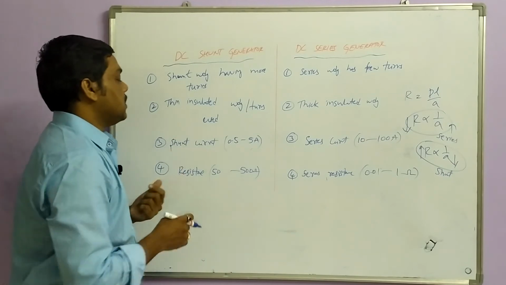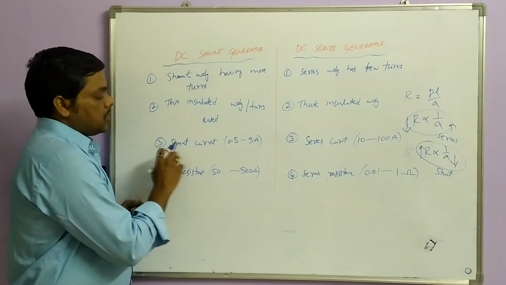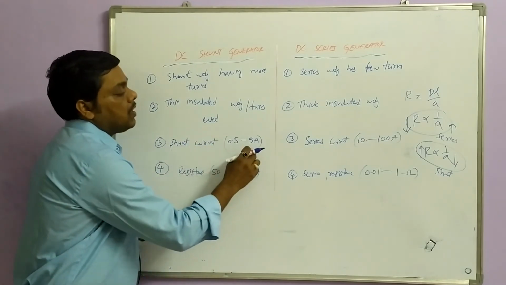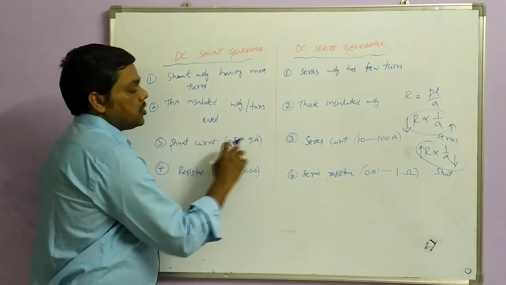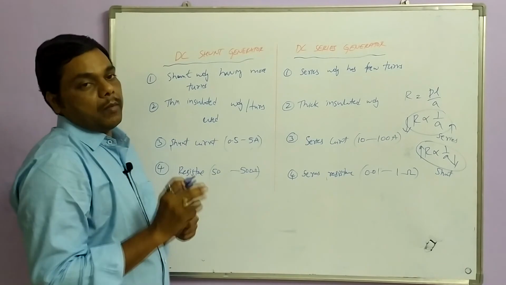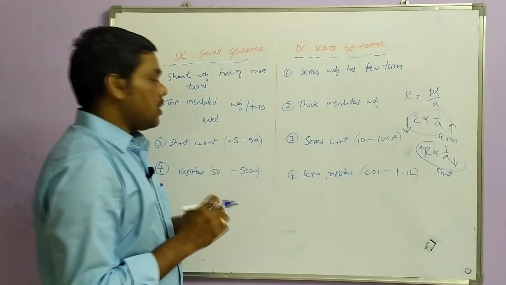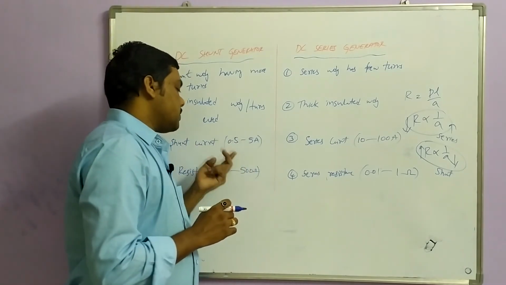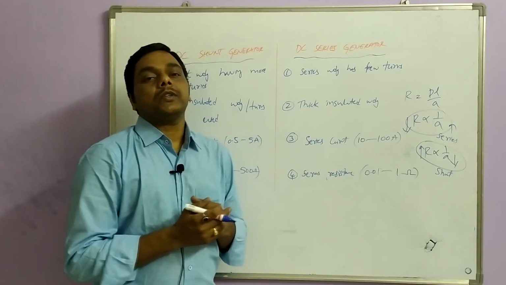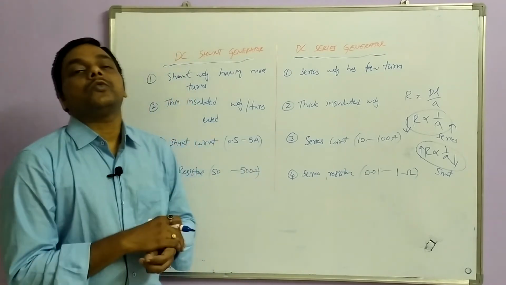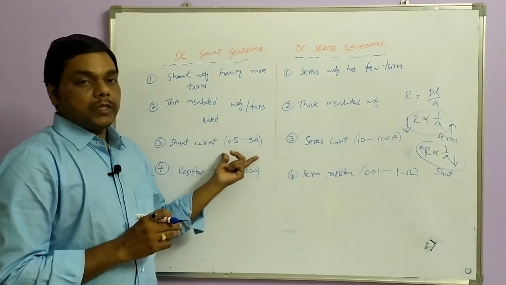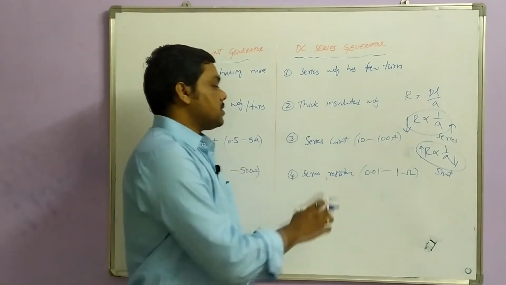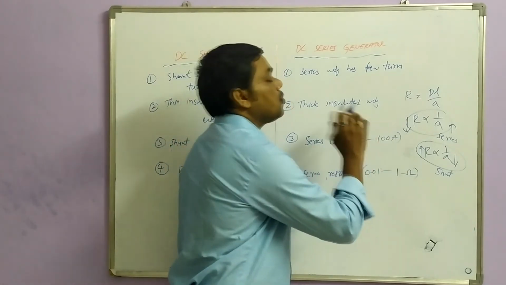Now you can see here the third point, the shunt current is very less. The shunt current is in the range of 0.5 to 5 amperes. 5 amperes is a rare case. We are using almost 2 amperes, enough to generate the 220 volts at the armature conductors, whereas the series current is 10 to 100 amperes.